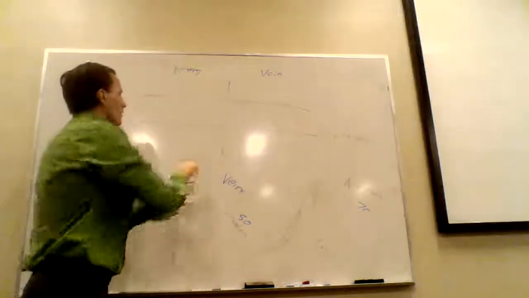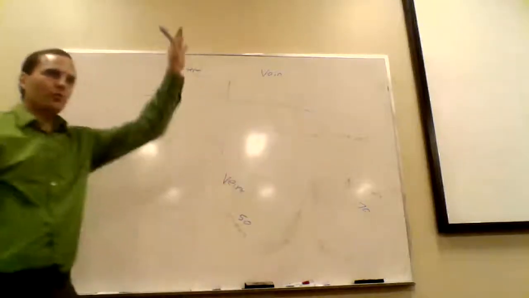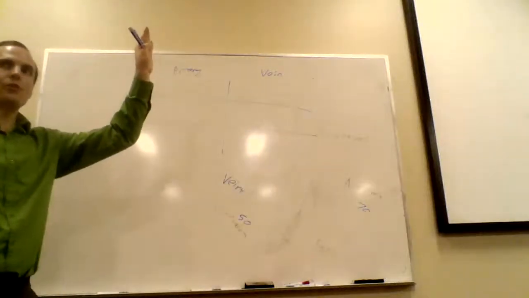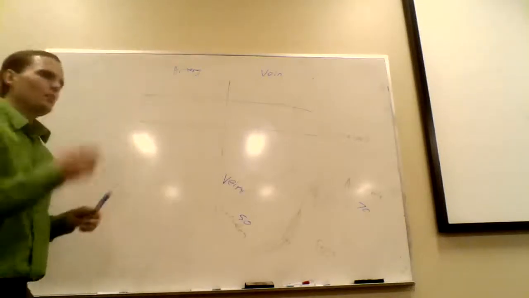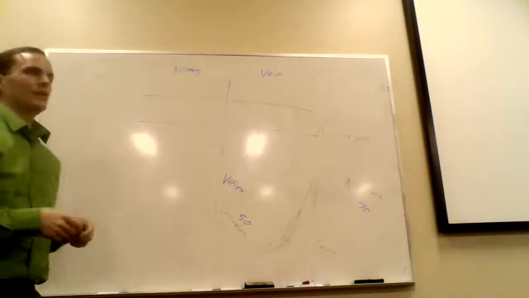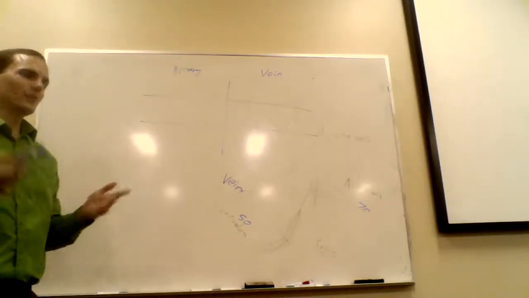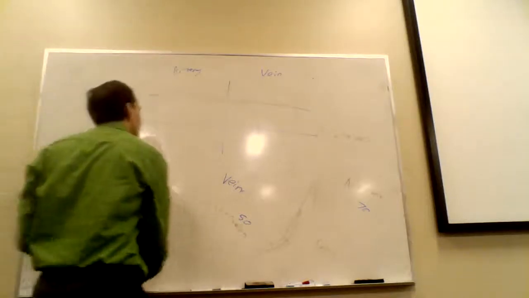There are holes in the capillaries, and that allows fluid and small things to get out or in. Big things can't fit. The big thing that we usually think of is, does anyone know what the protein is? It's our favorite, albumin.